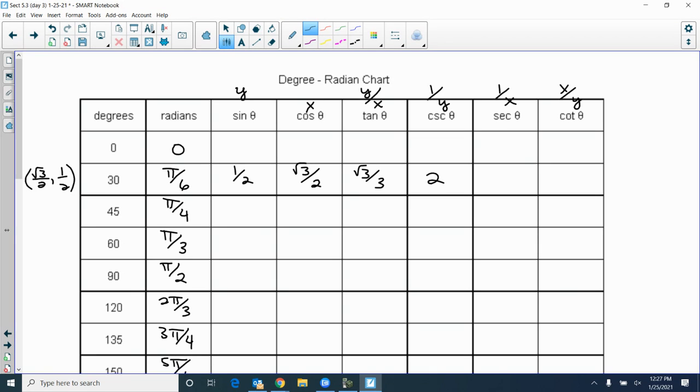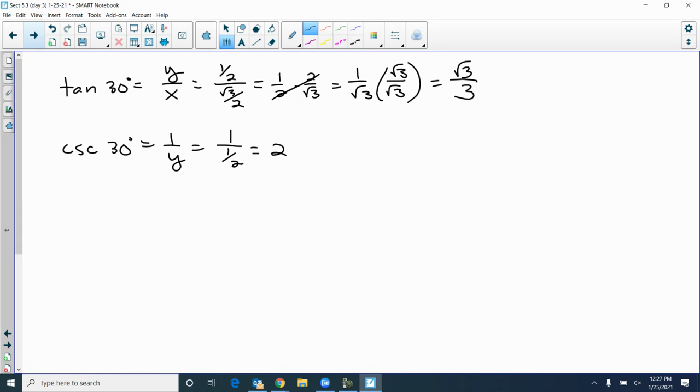Secant is 1 over x. Secant of 30 equals 1 over x, which is 1 over square root of 3/2. This one gets a little messy. All right, it is 1 times 2 over radical 3, which will just simplify to 2 over radical 3.